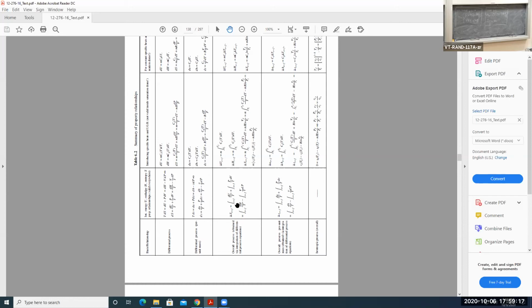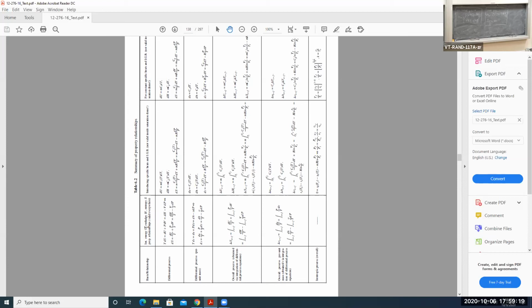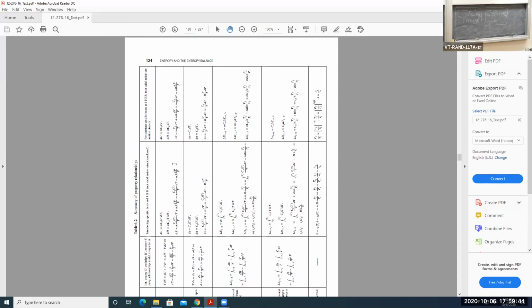Then I have internal energy and enthalpy relationships valid everywhere. And that means everywhere: ideal gas, solid, superheated vapor, mixture, whatever. And then I have IGB property relationships, not valid inside the saturation dome. And then I have constant specific heat IGB equations here.